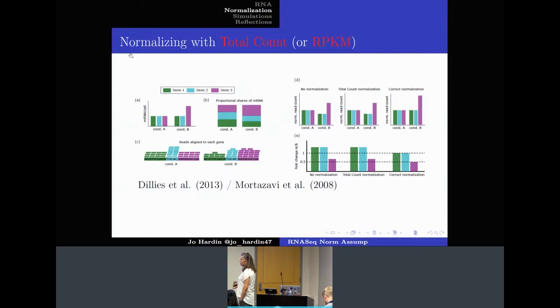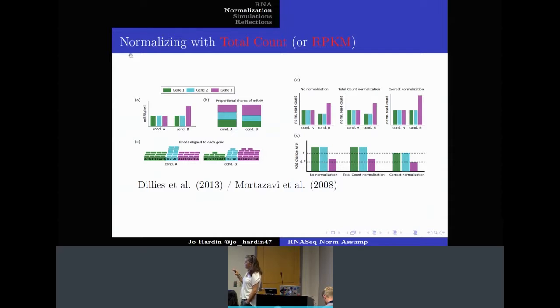In condition B, it has twice as much mRNA per cell. So when you move to figure B, you see that the green, the blue, and the purple all have about 1/3 of the total library size. But in condition B, the purple has half of the library size, and the blue and the green have a quarter.